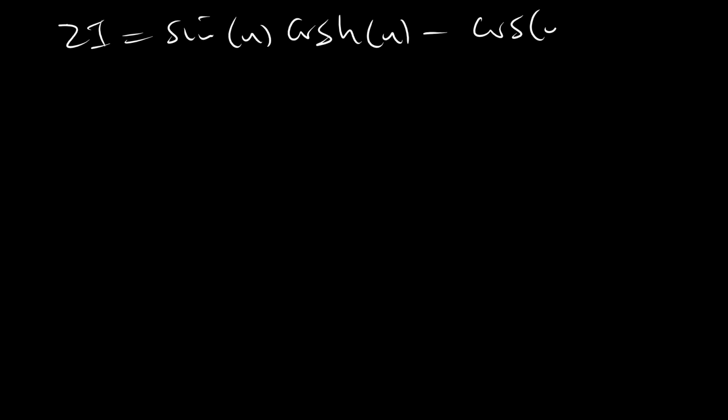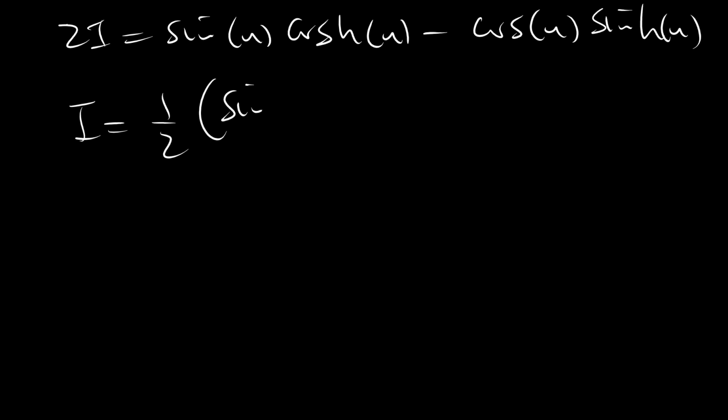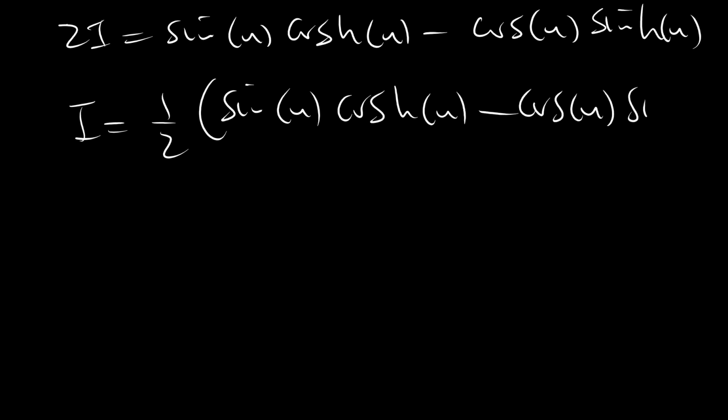So since we have 2I equal to sine of u cosh of u minus cosine of u sinh of u, this means I is equal to a half of sine of u cosh of u minus cosine of u sinh of u, obviously plus the integration constant.